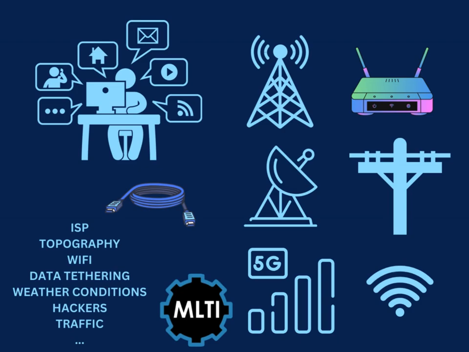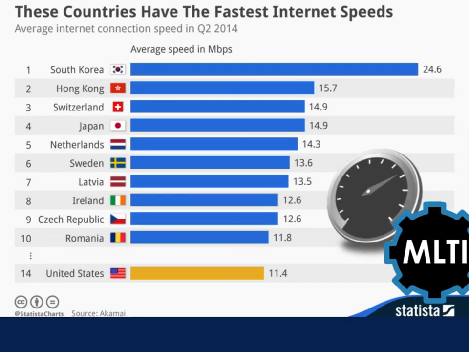All of these make a difference on how quick the internet is, how fast it is, and how much of it can go to one particular area. While it's probably natural to think that our country has a very fast internet, and it is fast, as you can see from this chart, it is not as fast as many other countries.